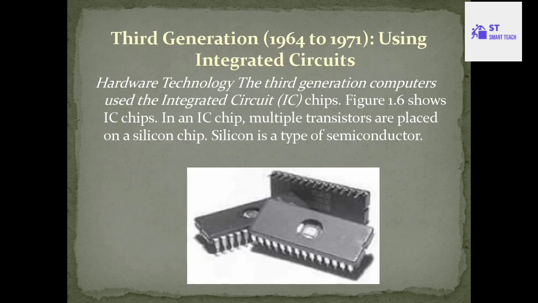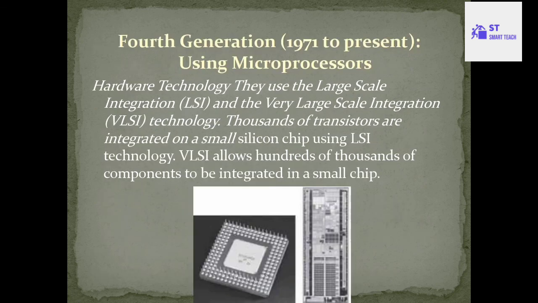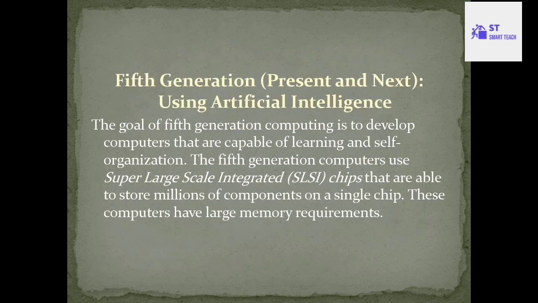In third generation computers, integrated circuits were used and the development years were 1964 to 1971. The software technology is high level language. In fourth generation computers, microprocessors were used and the development years are 1971 to present. Software technology is also high level programming language. Last one, fifth generation computers are present and next computers, and they use artificial intelligence.